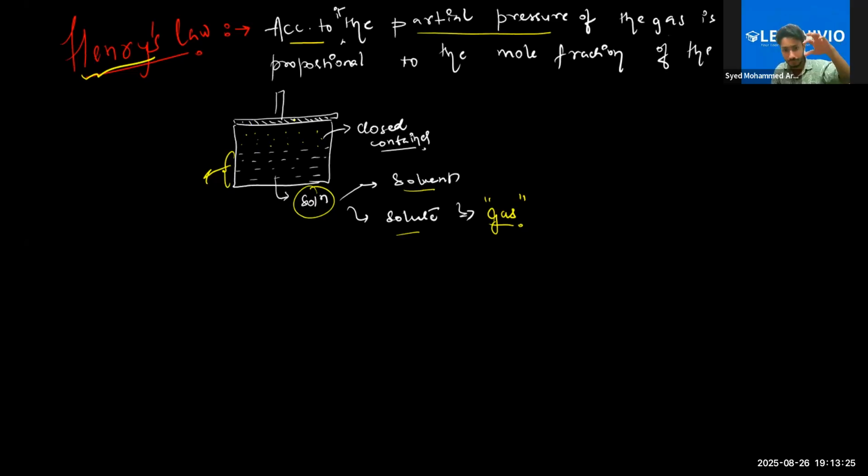So basically, if I apply pressure from the upper part, the particles which are there in the environment are going to be dissolved in that solution more. For example, if you see a cold drink bottle, like this. This is a bottle. Is it visible?